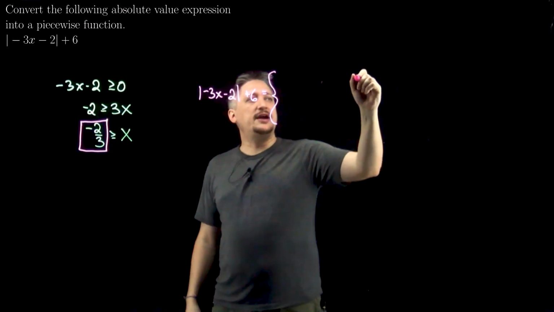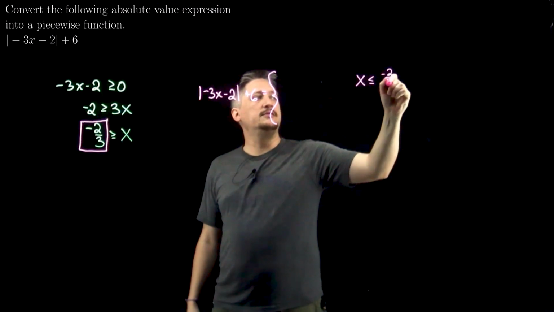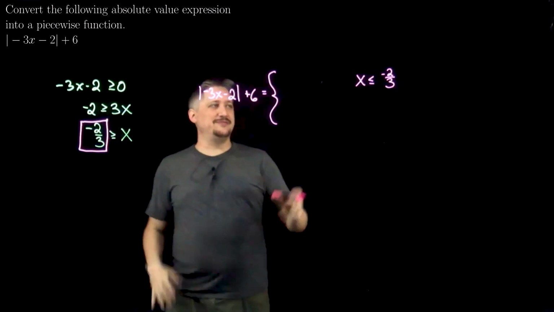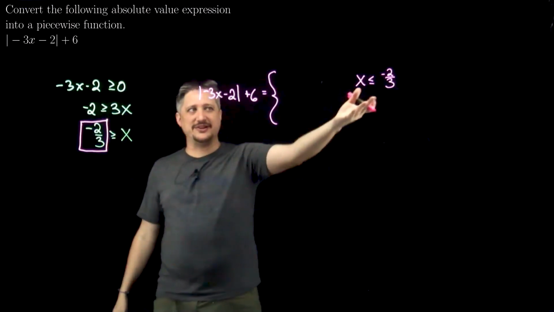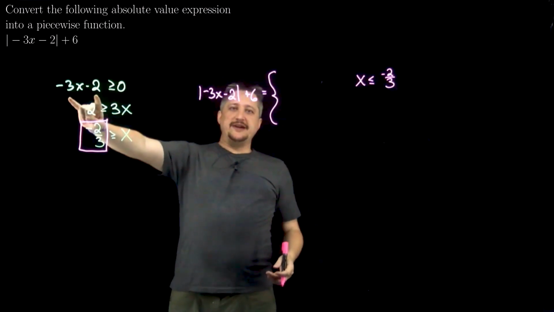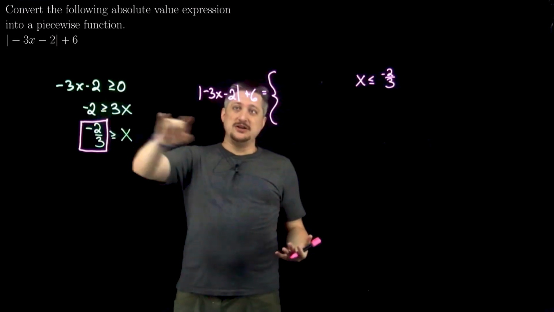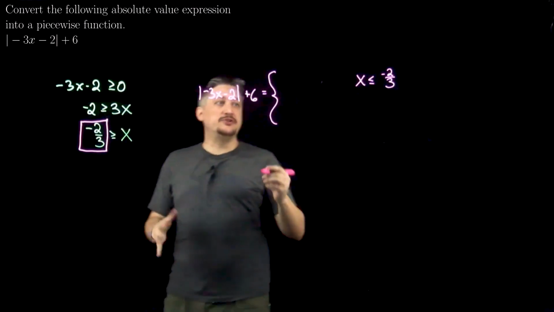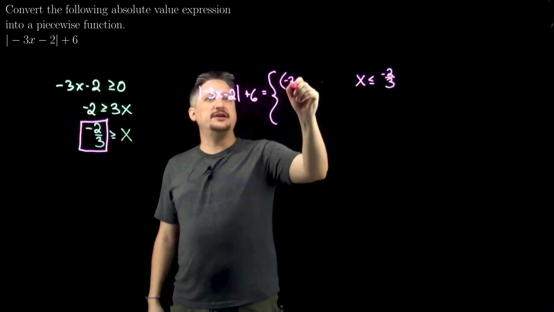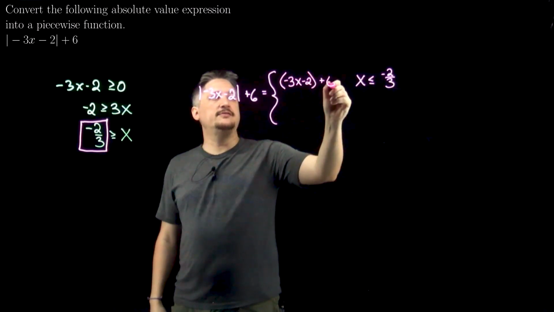So I'm going to have x less than or equal to -2/3, because I'm just flipping these around. I just like the way this looks. But for that section, that means that the -3x minus 2 is positive, or not negative, which means the absolute values do nothing. So in particular, I can just replace these with parentheses. I'm going to have -3x minus 2 plus 6.